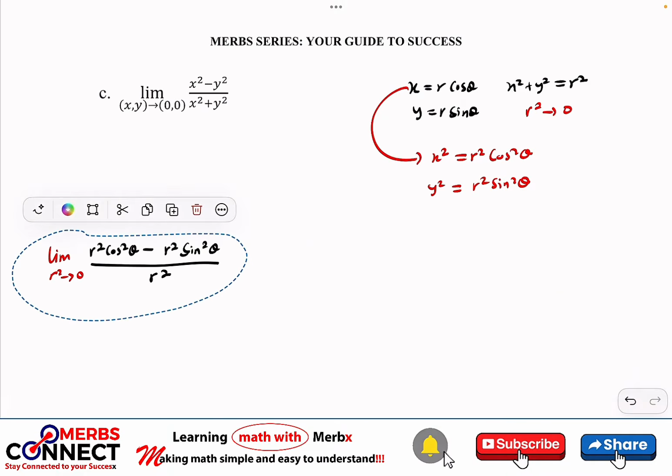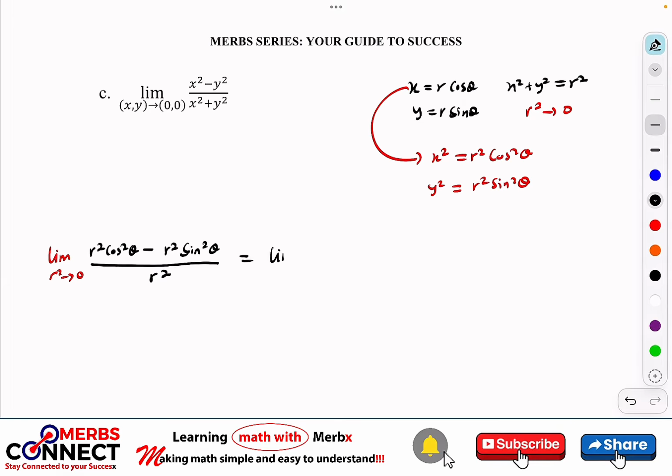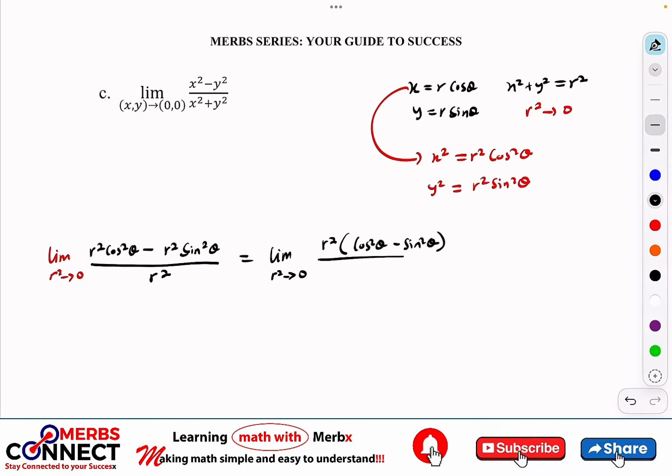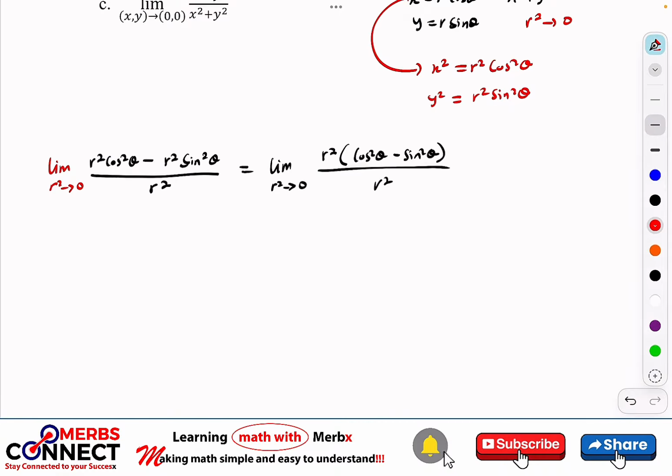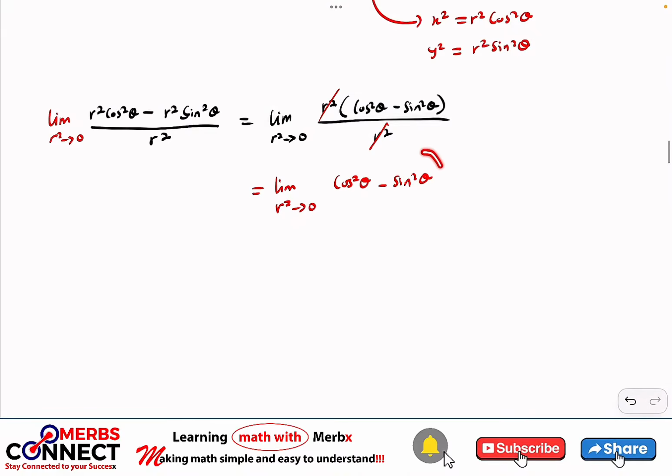Now we can simplify this and write it as the limit as r squared approaches 0 of r squared times cos squared theta minus sin squared theta, over r squared. And don't forget, at the end of the video, I'm going to give you a trial question to also try your hand on. So now r squared will cancel r squared, and we have the limit as r squared approaches 0 of cos squared theta minus sin squared theta. We see that there is no r in this function.